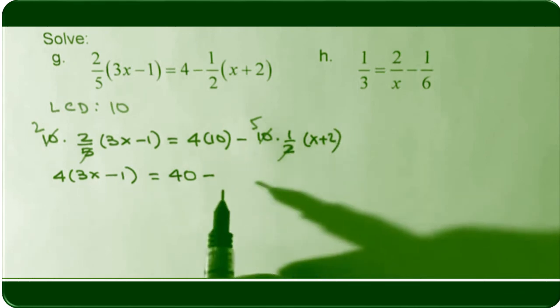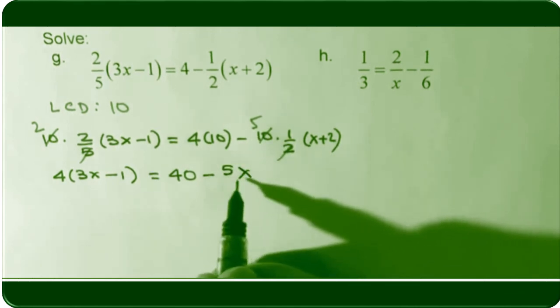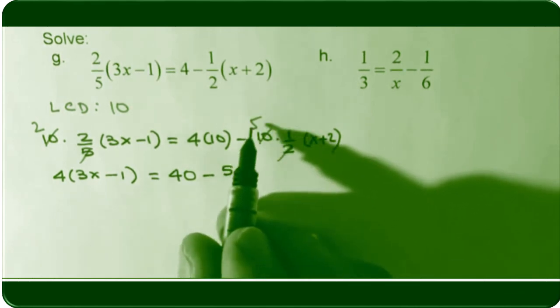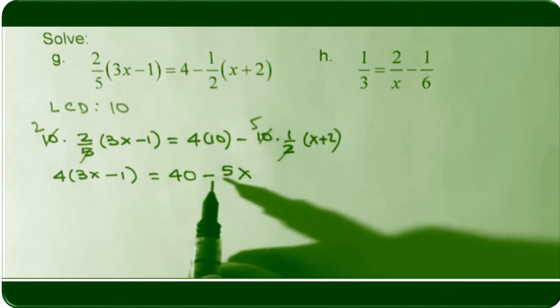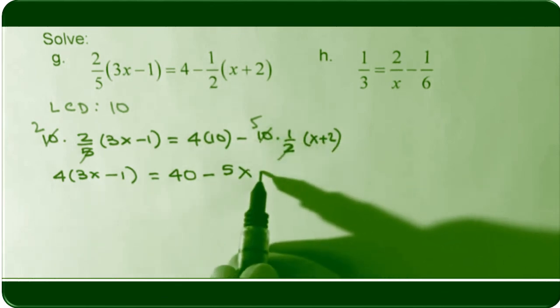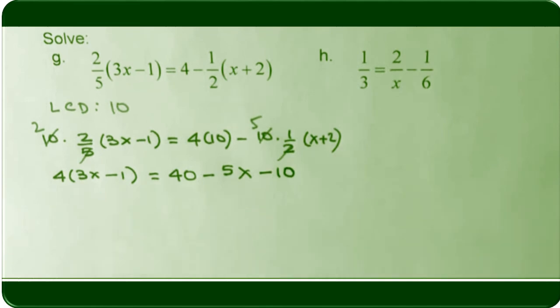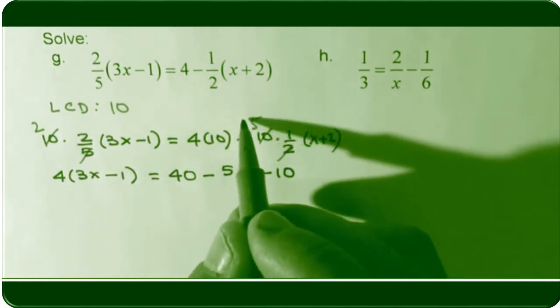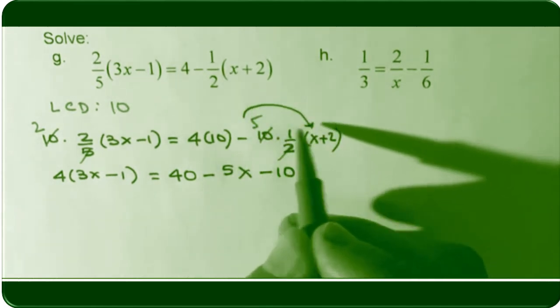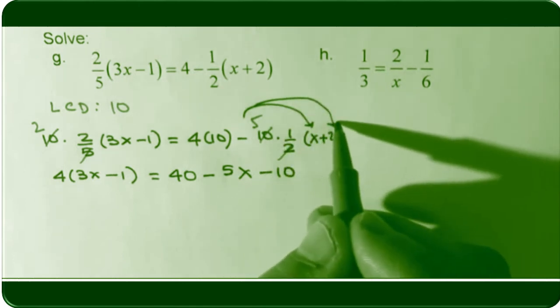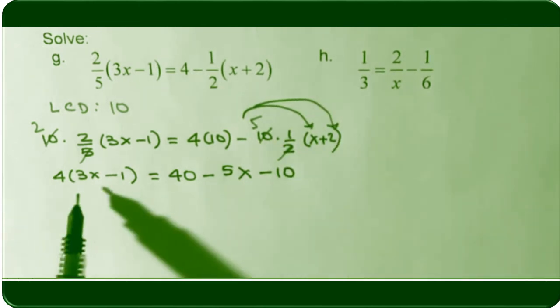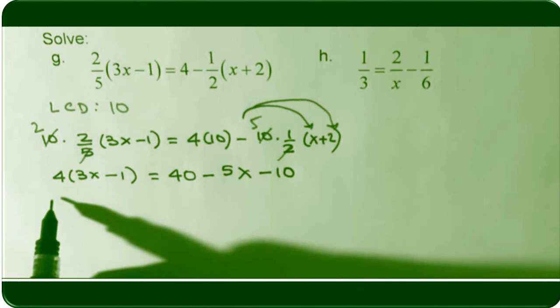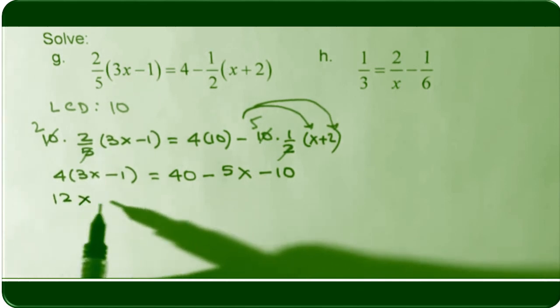40 minus. When you open this bracket, remember to apply the minus 5 to both, right? So minus 5x and minus 10. Take care of the minus sign also. You have to multiply with both the terms. Let's open this bracket as well.